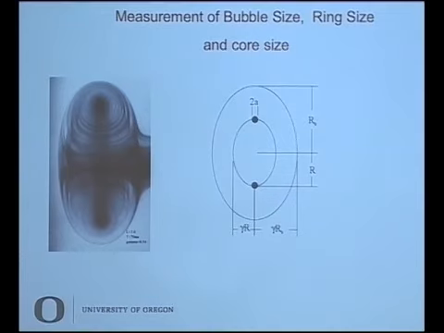What kind of things could we measure? Well, here is a picture of a vortex ring. I fired this ring from the gun with the electrochemical technique going, so the core was colored, and you can see the core here. It has a diameter 2A, and then you can see the core coming down here, and it has a diameter 2A.